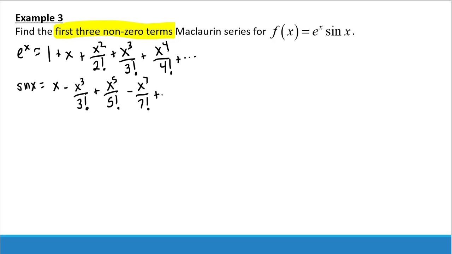Okay, so I'm going to multiply these two together. So basically, I'm going to multiply this times by this.